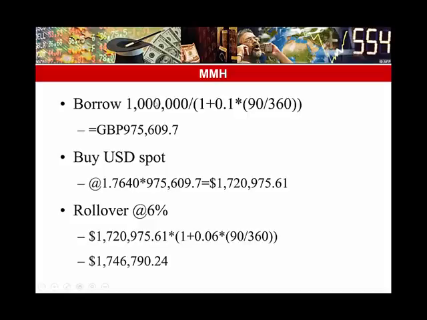So this is almost like a forward contract with certainty after going through these 3 steps: borrow the present value of 1 million pounds, which is 975,609, at the annualized rate of 10% but only for 3 months, then convert these pounds into dollars at the spot rate, which gives us 1,720,975, and then roll this over at the rate of 6% for 3 months.